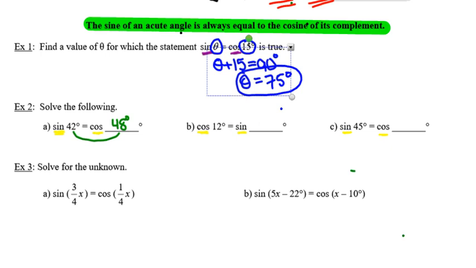In letter B, we're talking 78, because again, the sum of our two angles has to be equal to 90. And in letter C, what goes in that blank is a 45, because again, the sum of those two angles has to be 90.